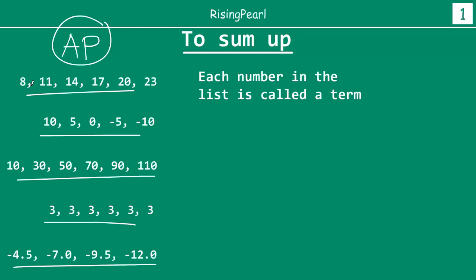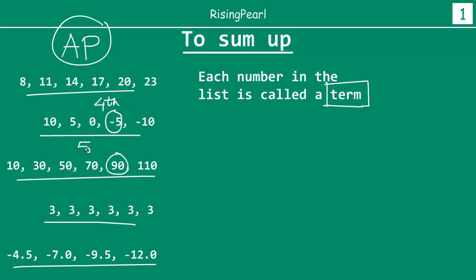We learned that each of these numbers within a series is called a term. We use the word term to refer to each one of the numbers inside of a series or inside of an arithmetic progression. So for example, this is a term, and which term is this? 1, 2, 3. This is the 4th term. Similarly, if I look at this one, in this series, this is the 1, 2, 3, 4, 5th.